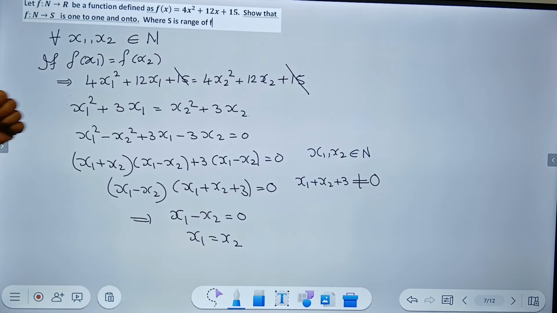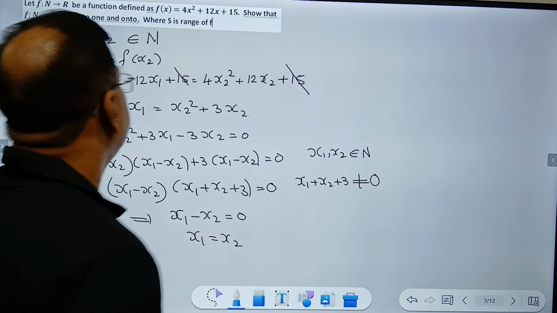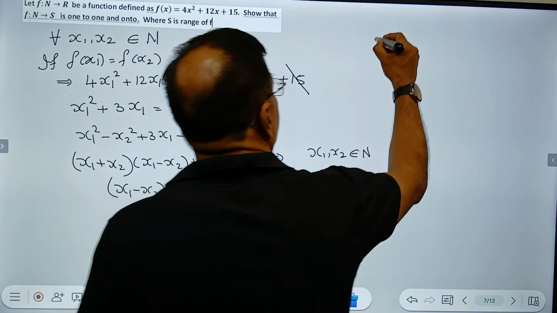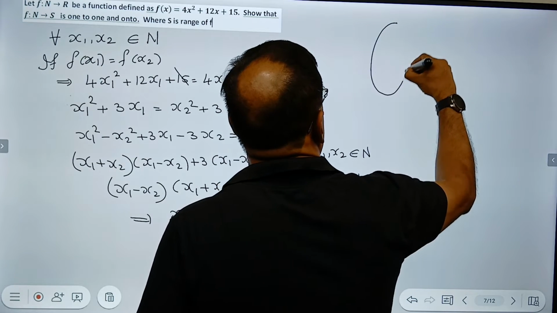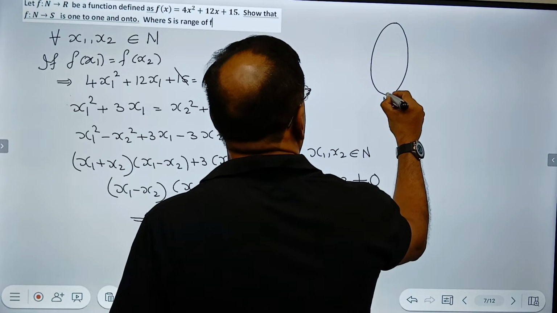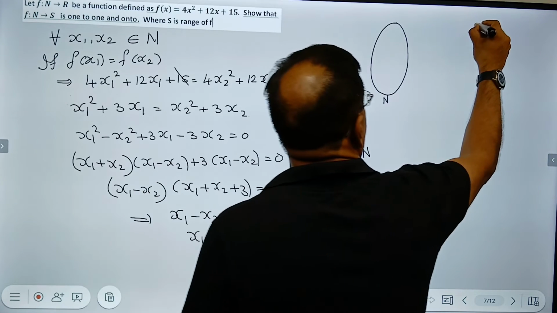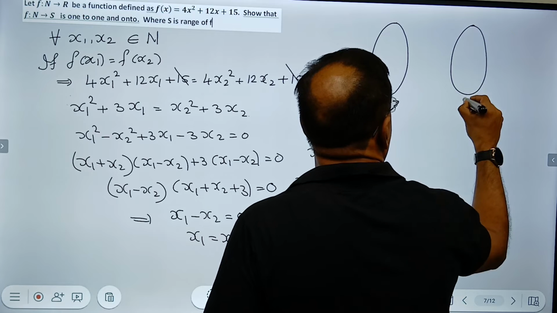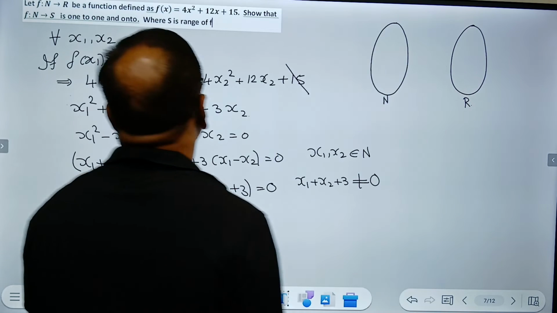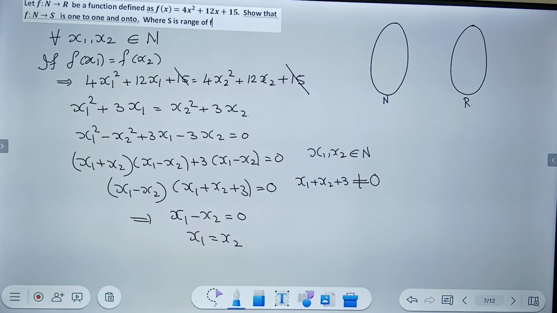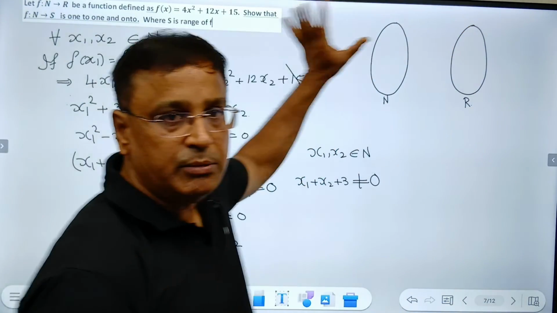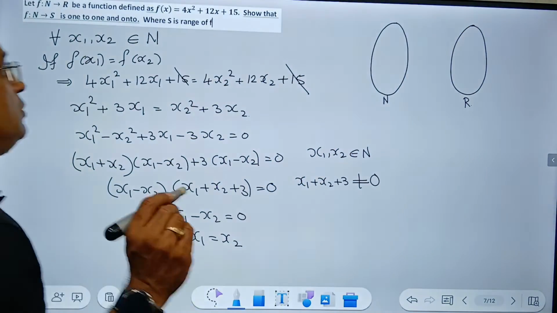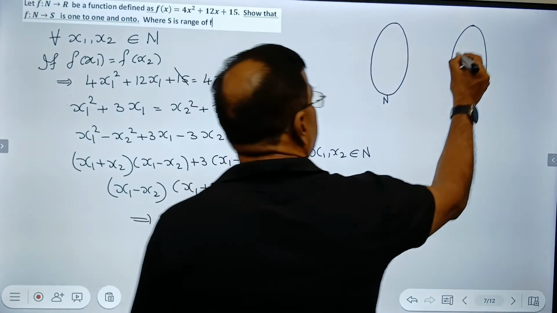Now I have to check whether it is onto or not. Now this is the set of all natural numbers and this is the set of all real numbers. I just have to show that one element here does not have a pre-image. So what I will do, I will take for example a 1 here.